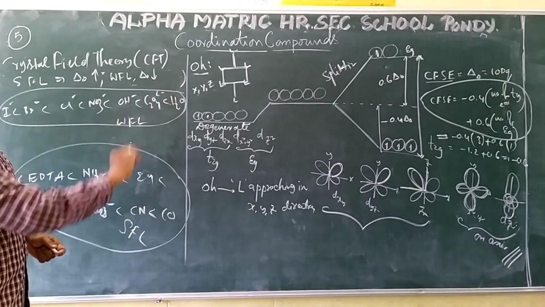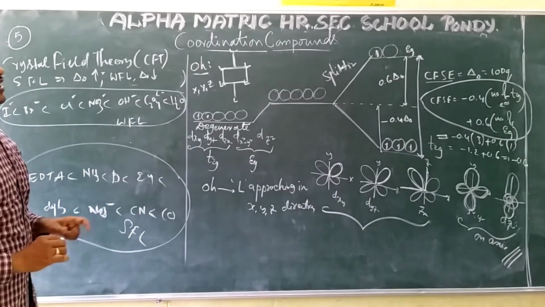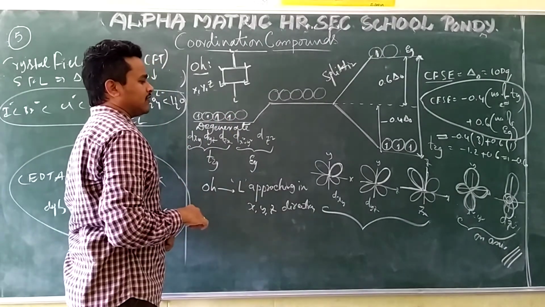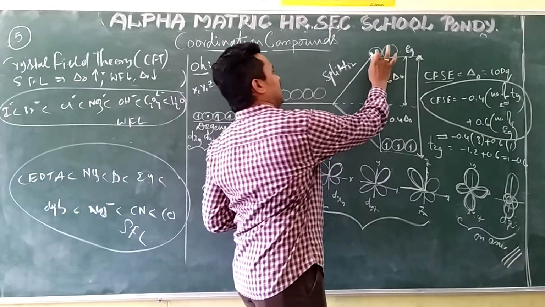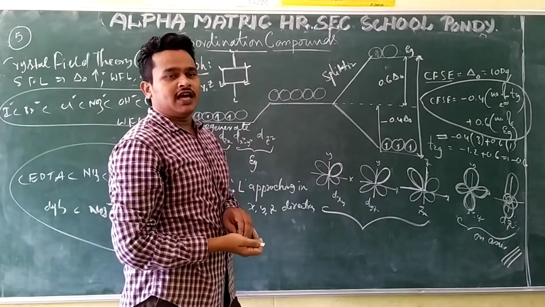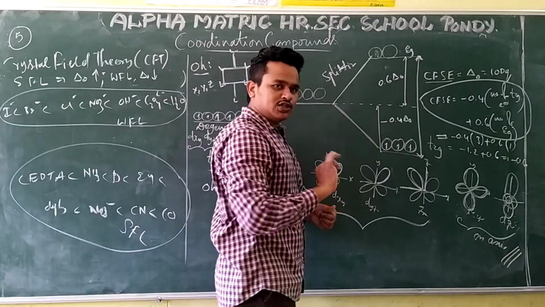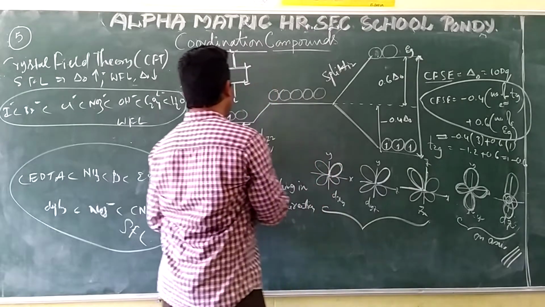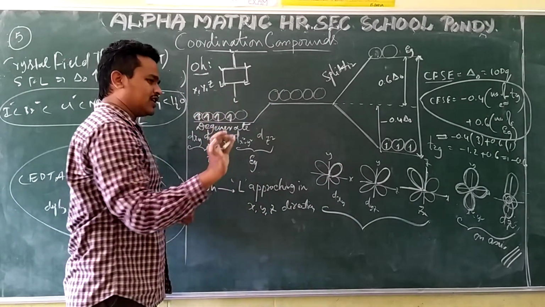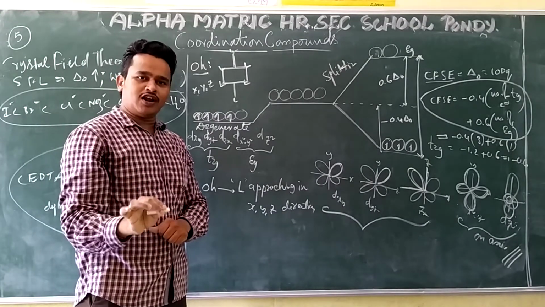And now you see what is happening. There is a delta naught value. Sometimes I have 4 electrons. For example, here 1, 2, 3, 4 electrons are there. There is a doubt. Here I am going to talk about the pairing energy. The d orbital has 4 electrons. 1, 2, 3, 3 is over. In a complex, in that metal orbital, 4 electrons are there.